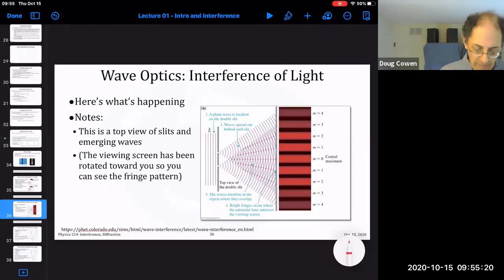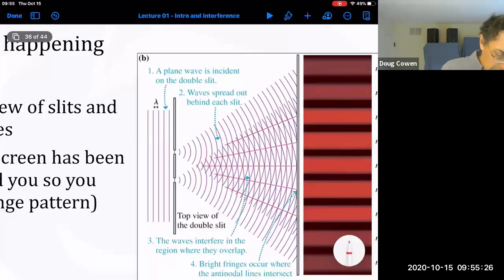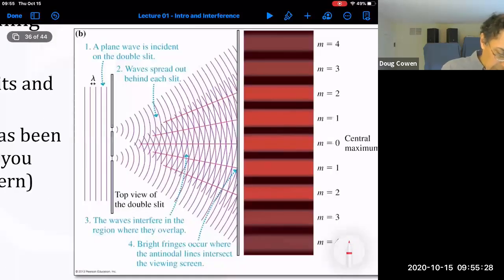Basically, the idea is that you have these waves coming in as plane waves from the left. And then when they come through, they basically get bent or circularized, if you will, because they're passing through openings that are comparable to the wavelength of the light in this case.